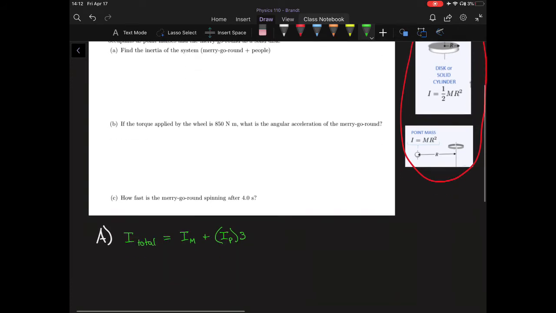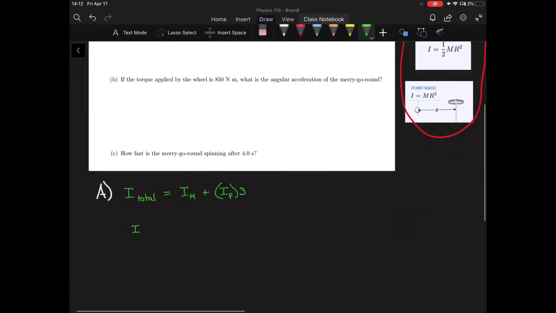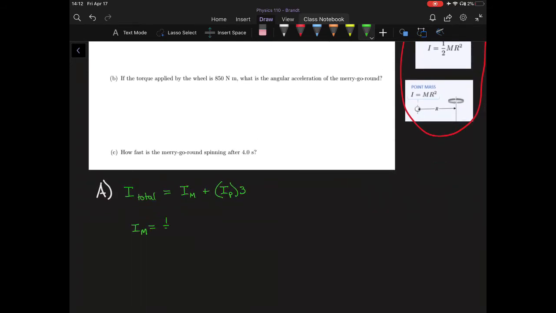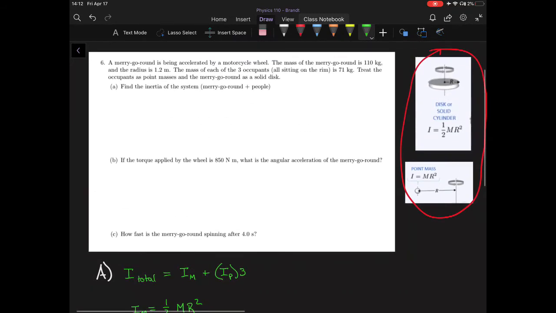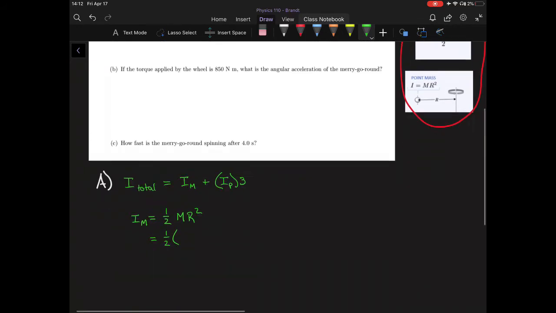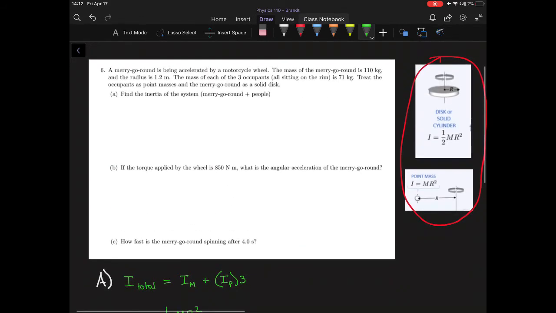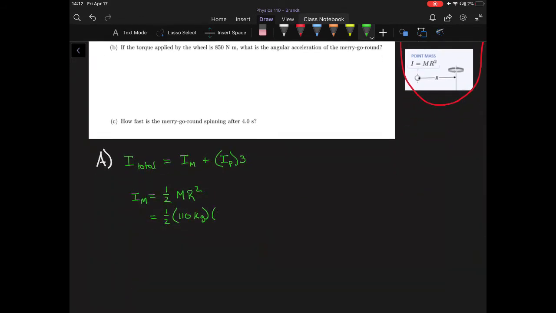So we want to start with the merry-go-round. So I merry-go-round is going to be modeled after a disk, so 1/2 mr squared. In our case, when we plug these numbers in, our m goes to 110 kilograms, and our radius is 1.2 meters.